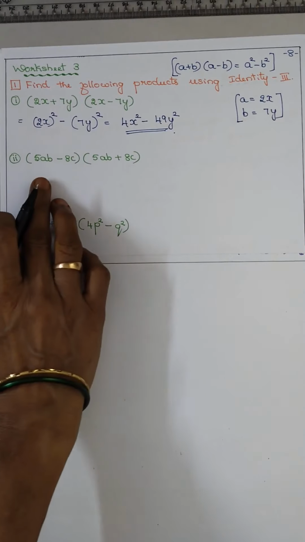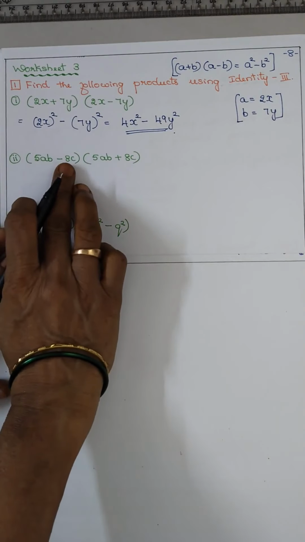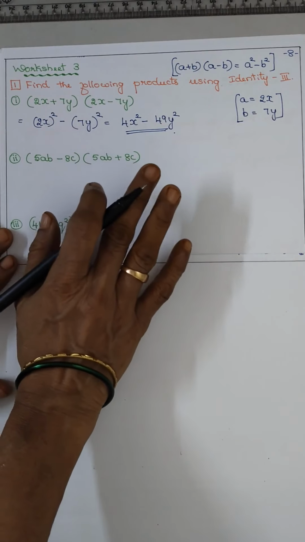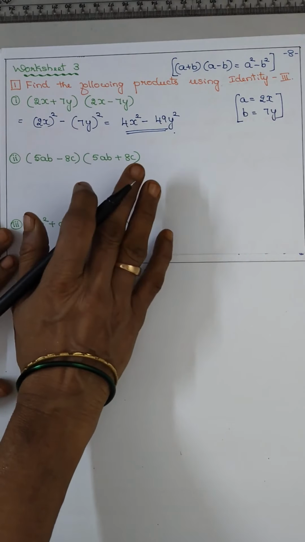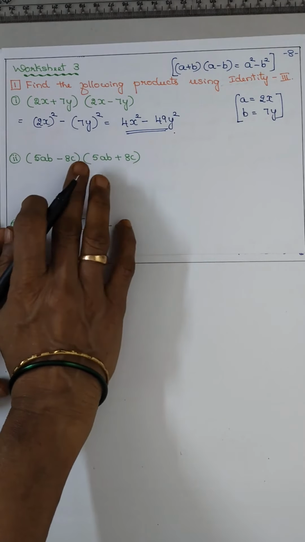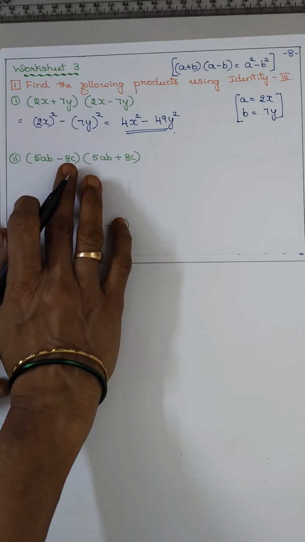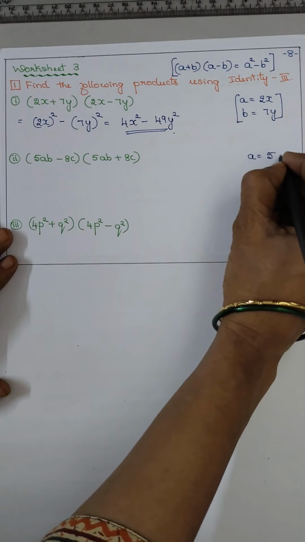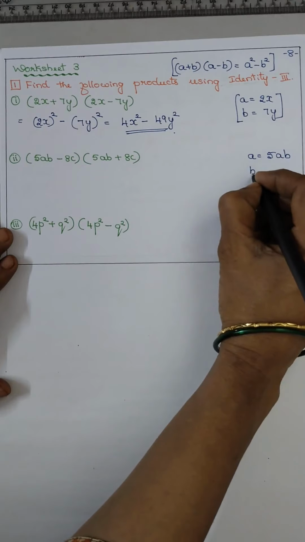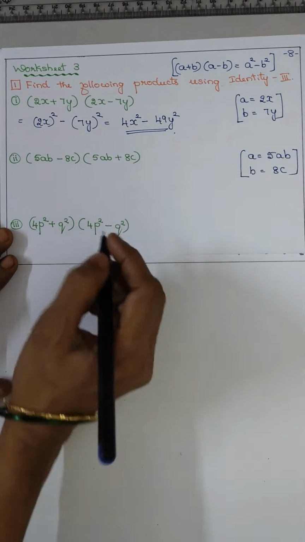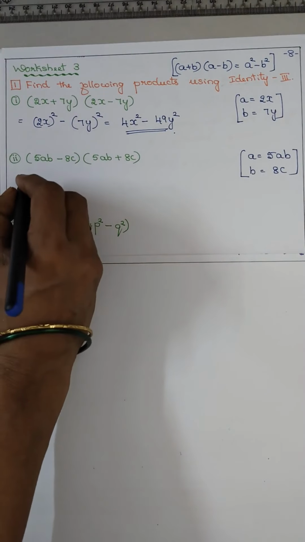Now in the second question, a minus b, a plus b. Reverse it is given, but multiplication, you know, a into b and b into a, it is same. So now a is equal to, first term is 5ab and b is equal to 8c. No need of rearranging and writing, directly you can write.